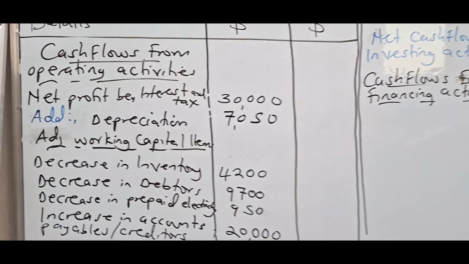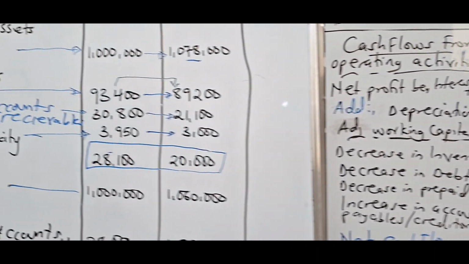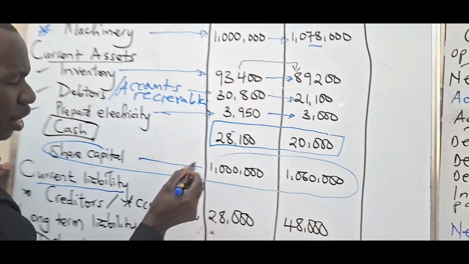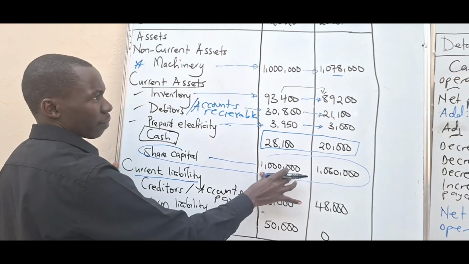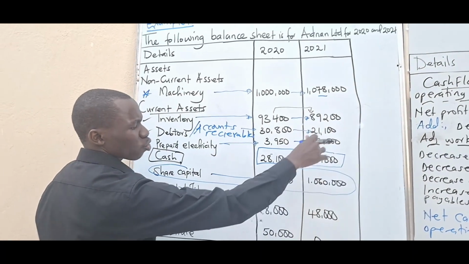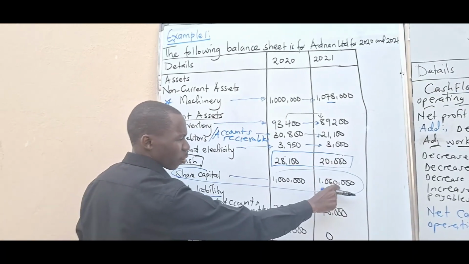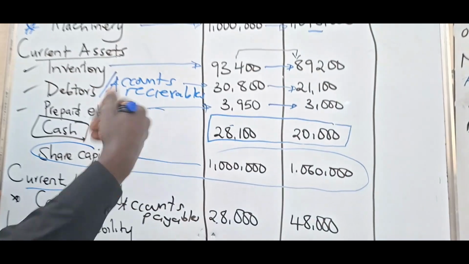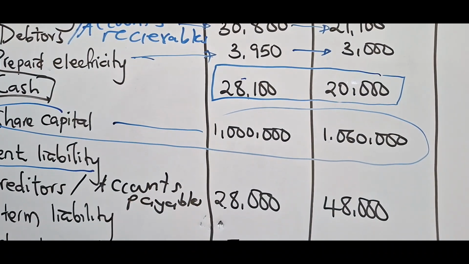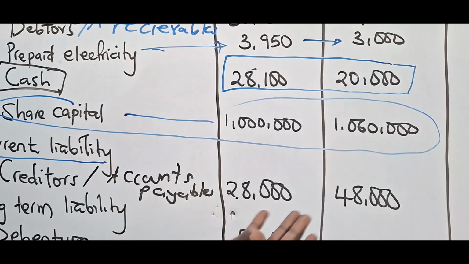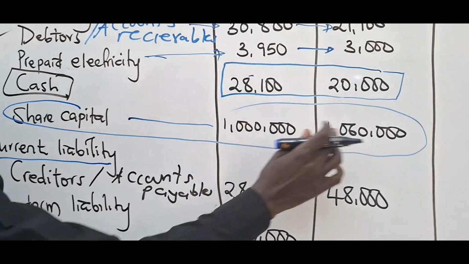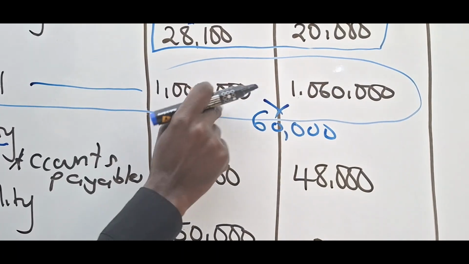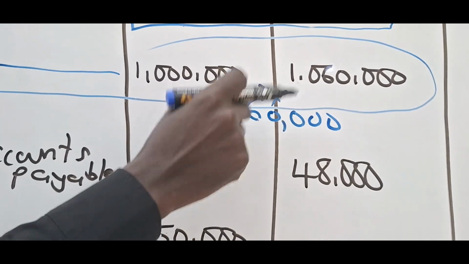When you check here, share capital is already given. In 2020, it was 1 million. In 2021, it went to 1,060,000. Meaning, you issued more shares. When you issue shares, you are raising capital. You are selling your shares to the public and you get more money. This difference of 60,000 is a cash inflow.